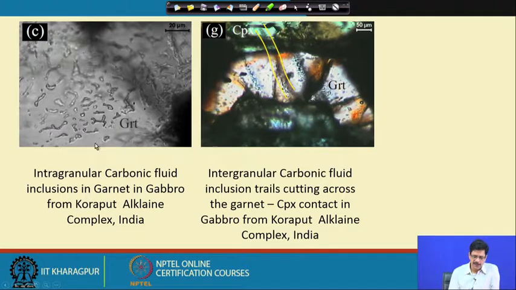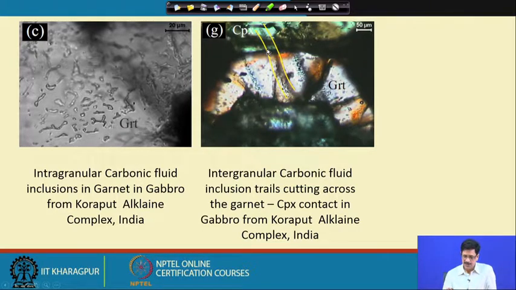Sometimes, so this is again a magnified view of fluid inclusions in garnet, the same host from the same rock assemblage, where we could see the inclusions have attained all such possible shapes, very irregular shapes. We can't describe what these shapes are, but they are just very irregular.